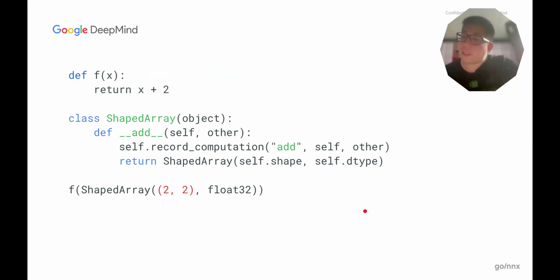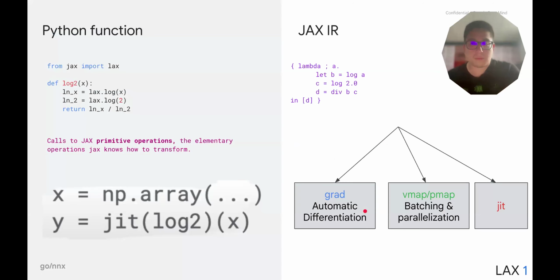For example, instead of defining an espresso maker object, I can define a shaped array, and every time there is a computation, like add, plus, change shape, or a convolution, I can just record that computation in my object. Then I can check if it changed dtype or shape, and then call my function on that. So the first time I go through, I will be able to trace what the function does to my inputs.